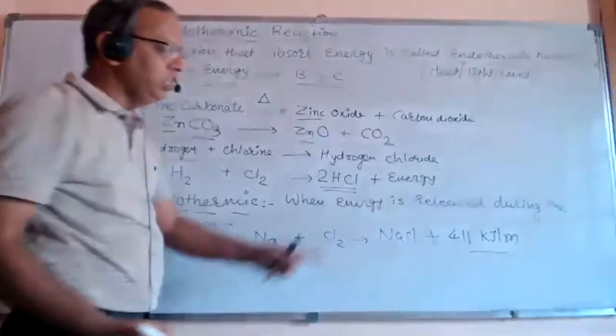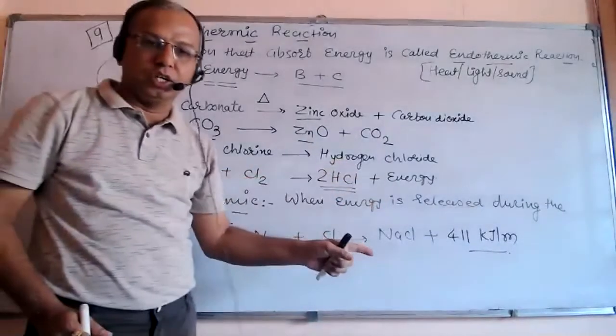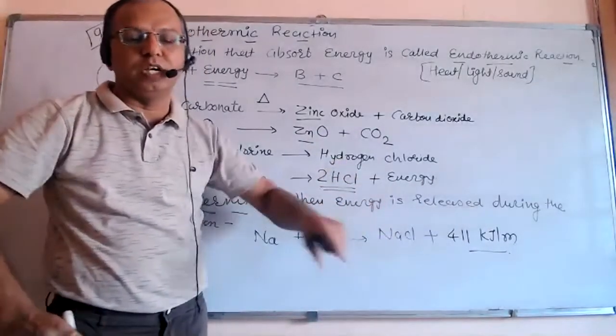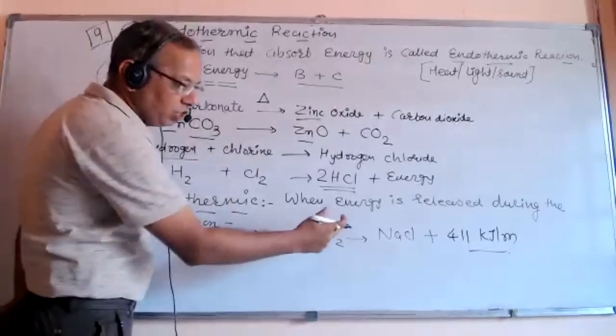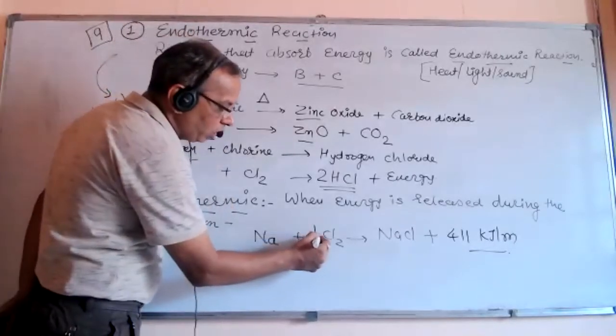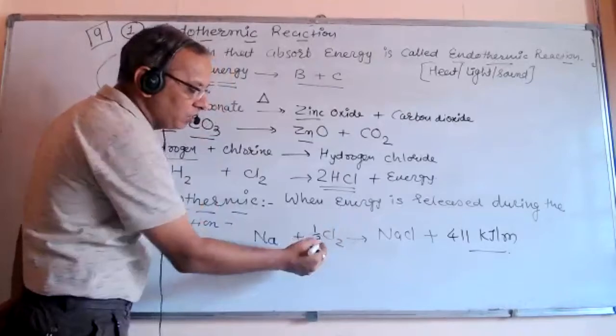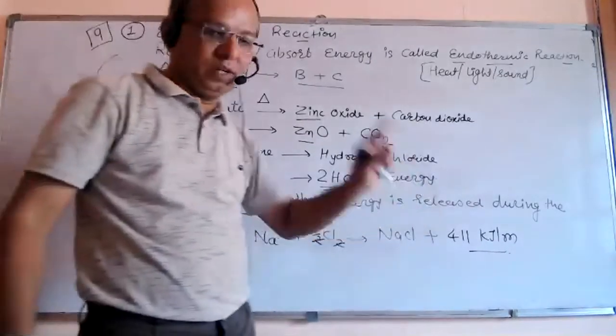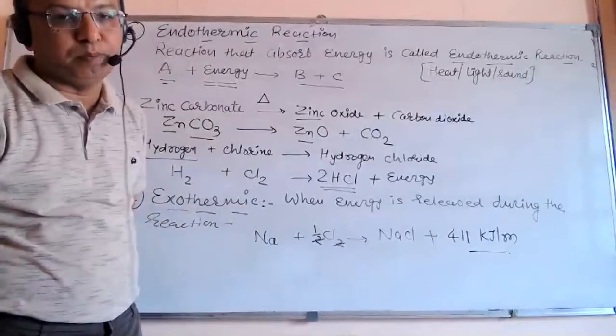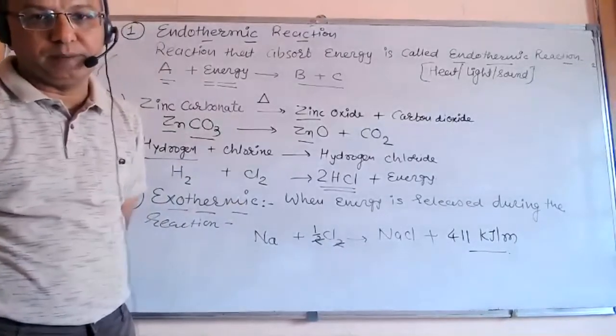So energy is released here in this reaction. That's why this is to be said, friends, exothermic reaction. Here, the reaction is not balanced. We have to take 1/2 mole to balance. This 2 will cut 1 and 1. This is 1 1. So this is example of, friends, exothermic reaction.